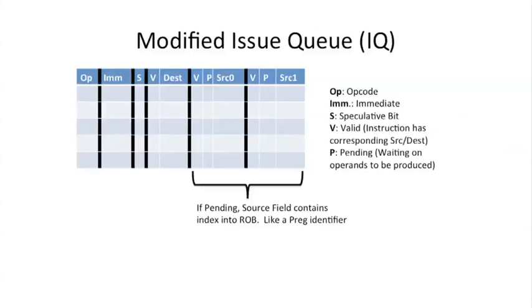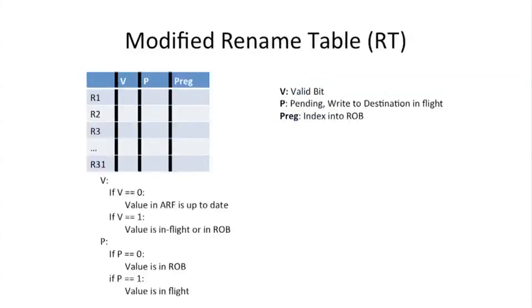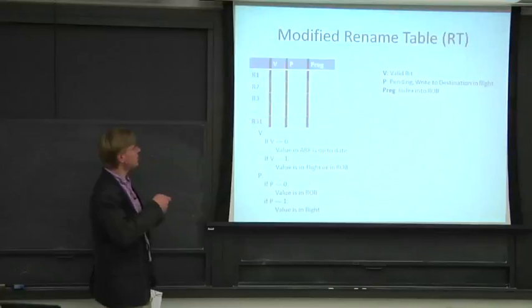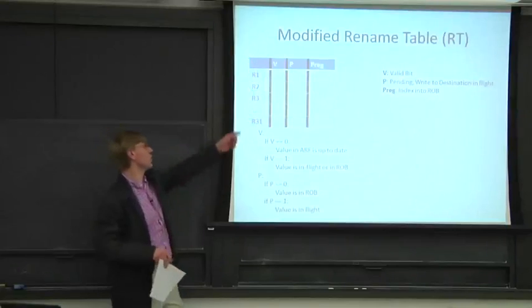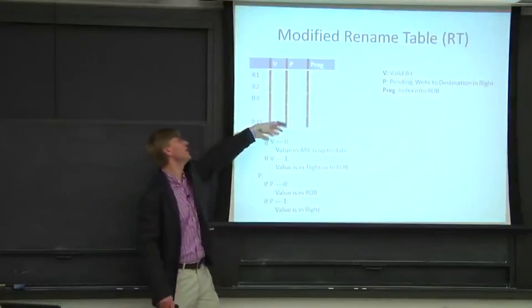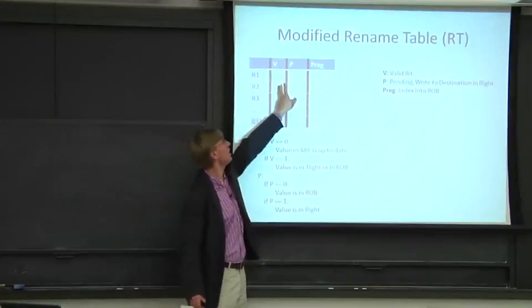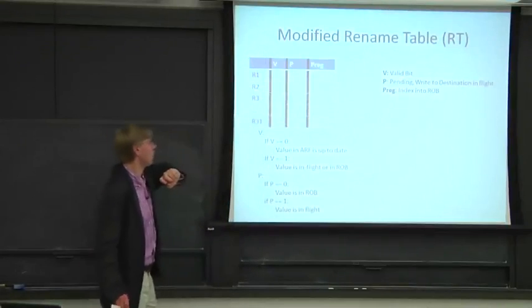OK, so the rename table also changes a little bit, not as much as the other structures. It's still indexed by the register. We're looking for register 2, we'll say. It'll tell us where to go look for that. There's a couple different places where it's going to tell us to go look for it.